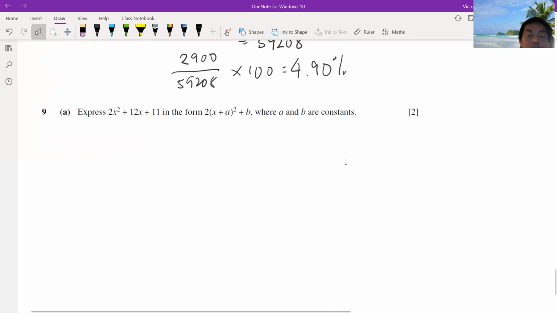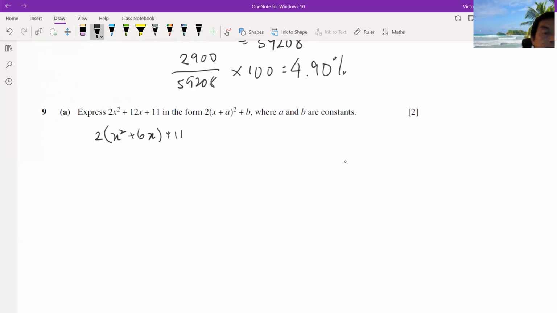Express 2x squared in the complete square form. So look at what I'm doing. First, factorize the coefficient of x squared. Then complete the square.